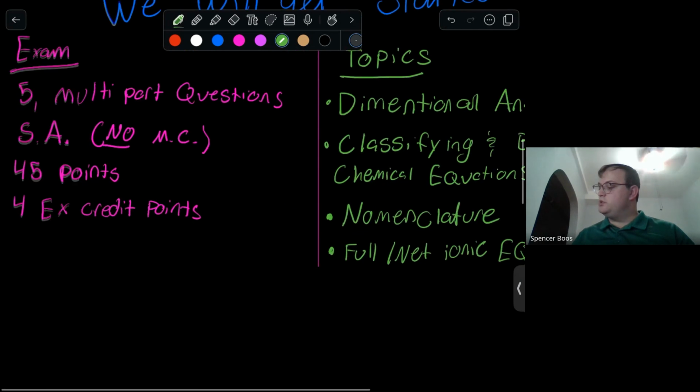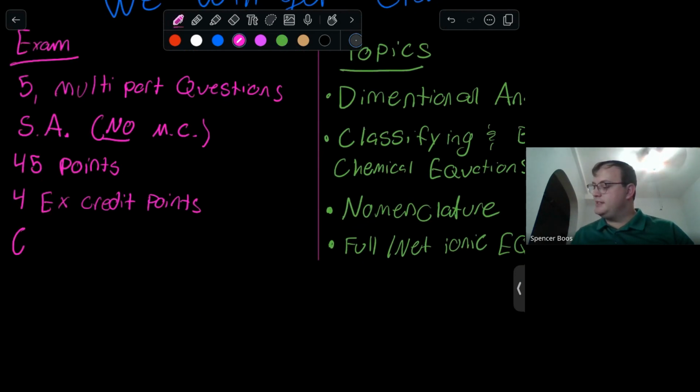For the exam, you will get 60 minutes. So those are the parameters of the exam, so that way you know what to expect as you are going into it.